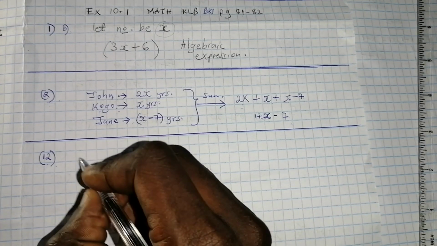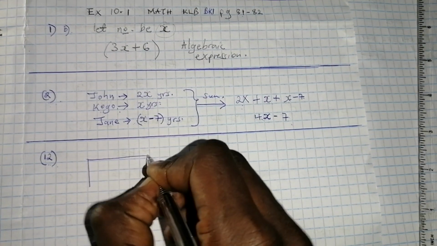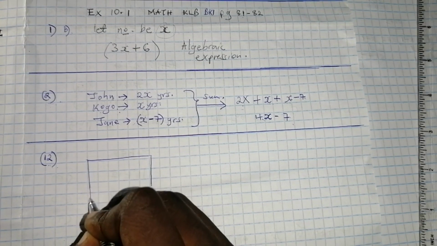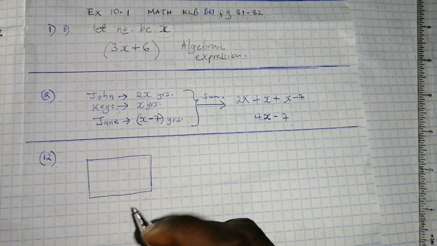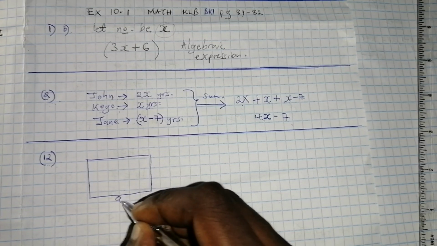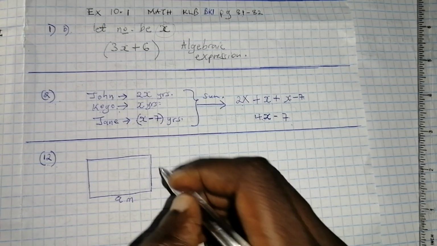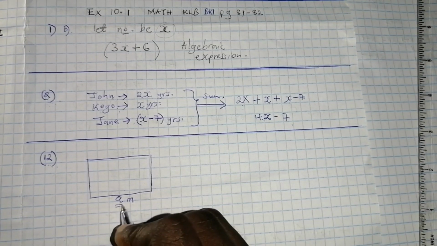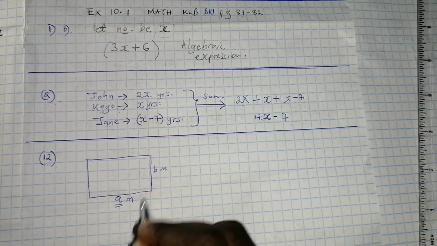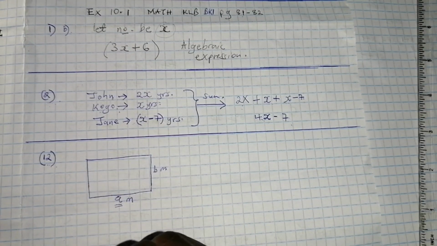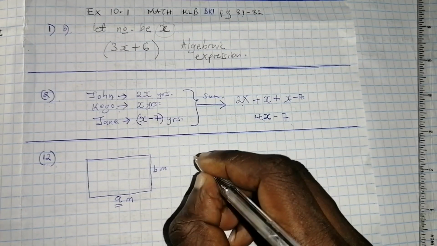First of all, let us picture a rectangular figure here. This will represent our rectangular plot. The plot has a dimension of A meters by B meters. So we can easily get the perimeter of this rectangular plot.